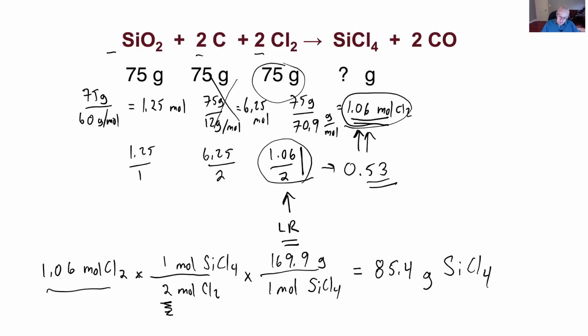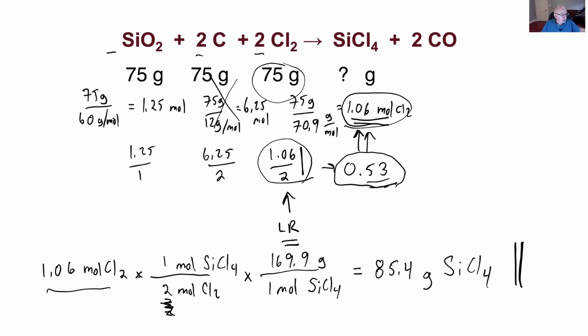If you're going to want to start from this number, you have to be clever enough to realize that means you already divided by this 2. I recommend going back to the actual number of moles, because then this step down here is just our base level stoichiometry problem, the one that we talked about in the video from the other day. Once I do the limiting reagent step, I'm in a problem that I already learned how to do, and I can take it from there.